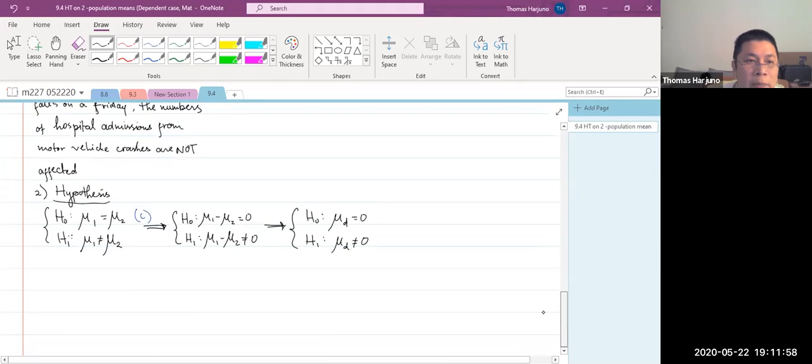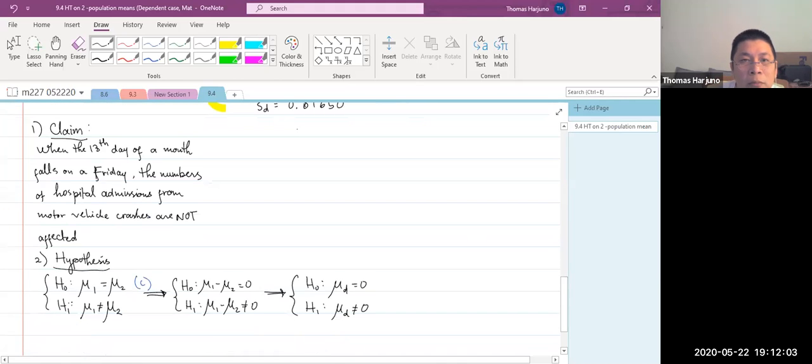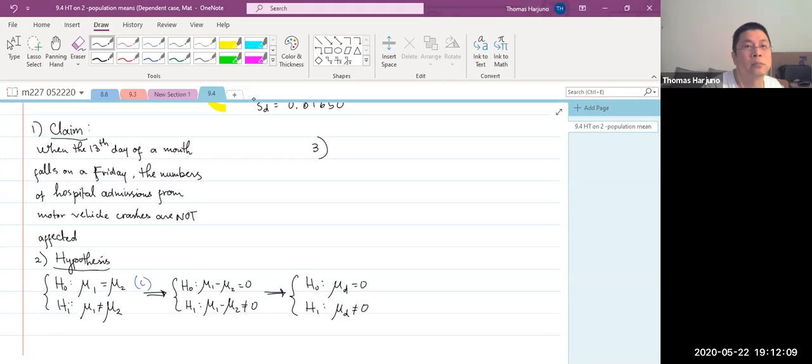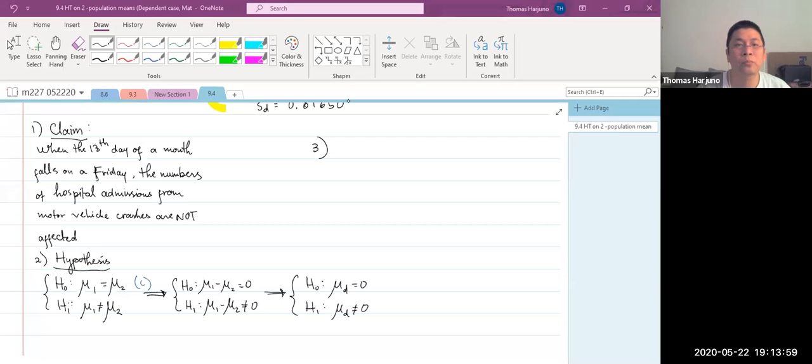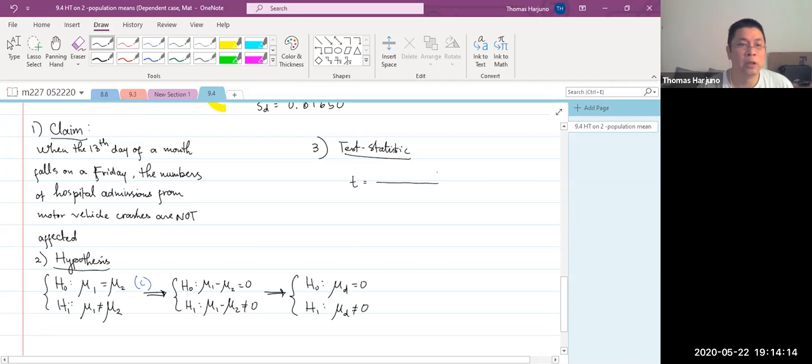Now step 3. I need some space. This is my step 3. Give me a second. So the test statistic will be T equals D bar.